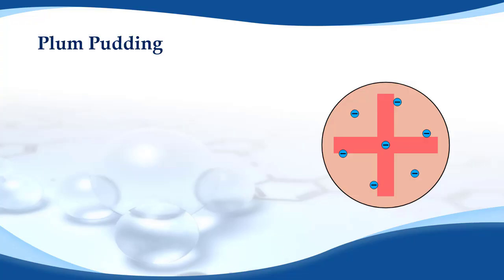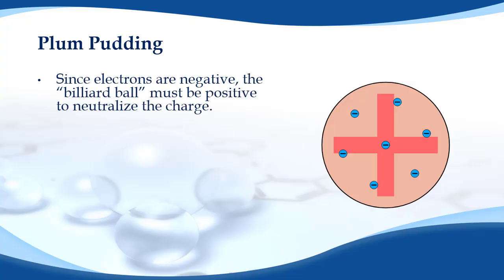The idea is the electrons, which are the negatively charged particles, sit inside of a quote-unquote billiard ball that is overall positively charged. So if we think about the chocolate chip cookie model, for example, the little chocolate chips are your negatively charged electrons, and the cookie that they're sitting inside is this positively charged stuff.